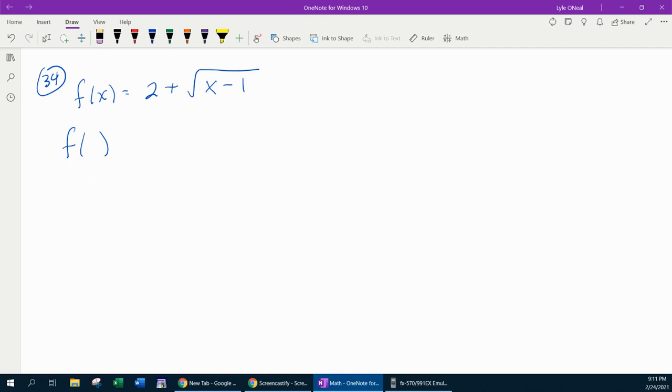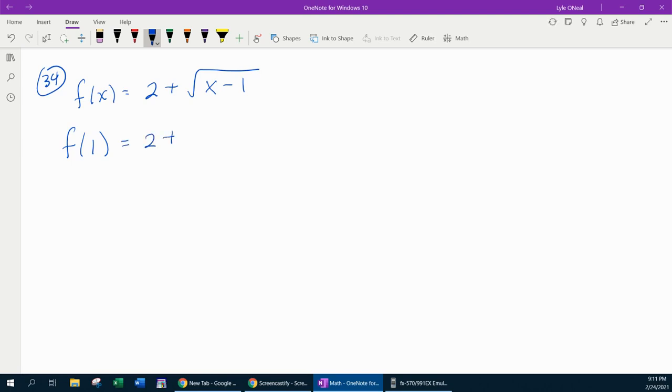Well, to start with, making the radicand equal to 0 should give you the starting point of your graph. So you want to ask yourself, what x should I pick to make the stuff under the square root 0? And that'll give you the starting point of your graph, and that value is 1.